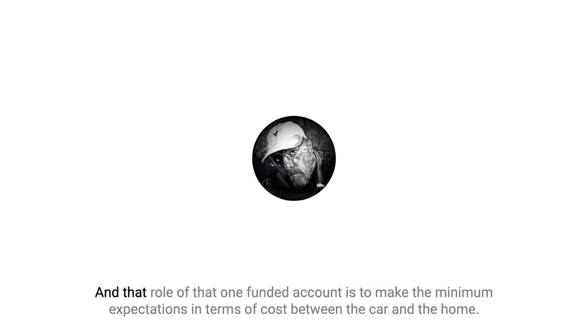You're not taking your results to social media. You're not doing this crazy stuff where you're trying to look better than everybody else. You're not competing with anybody else. You're just making ends meet. And that role of that one funded account is to make the minimum expectations in terms of cost between the car and the home.